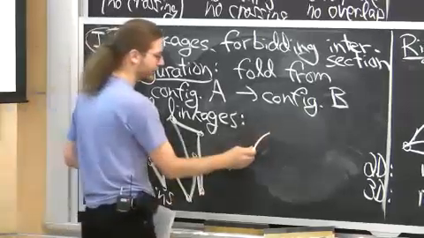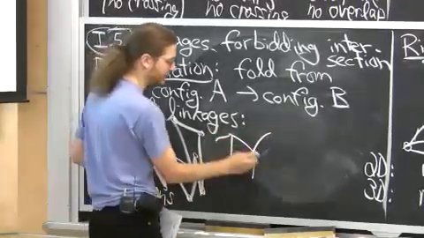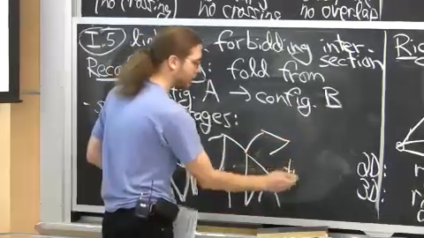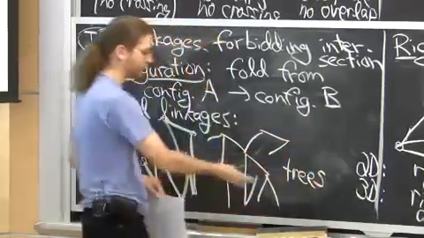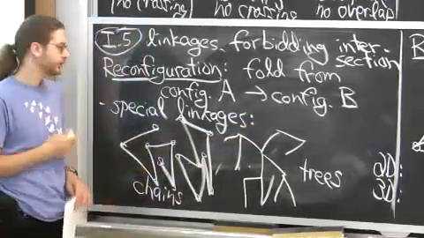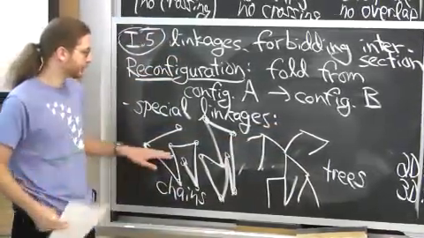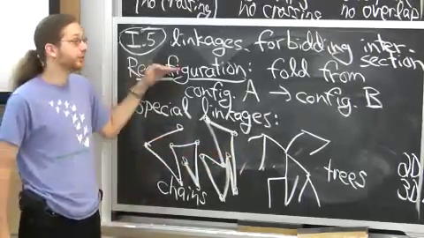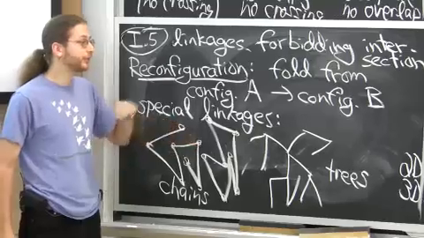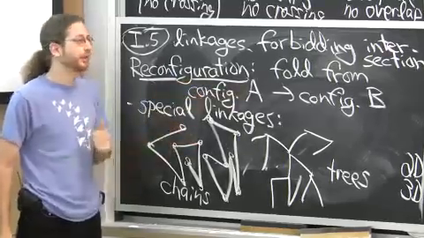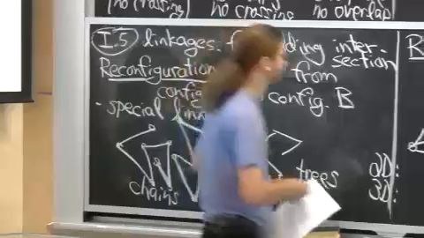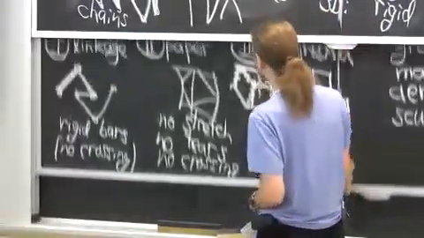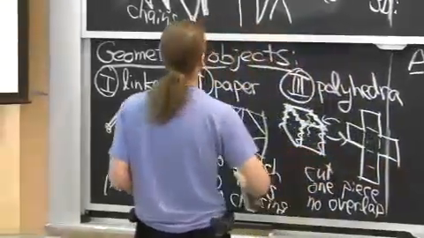And the other thing I might like to think about, in particular because proteins look kind of like this, are trees. Trees are just linkages without any cycles in them. So those are nice and simple. Here I have no cycles, one cycle. Easier to think about. And sometimes you actually get a universality result that these linkages can fold from any configuration to any configuration. And that's especially cool. Let me tell you about them.